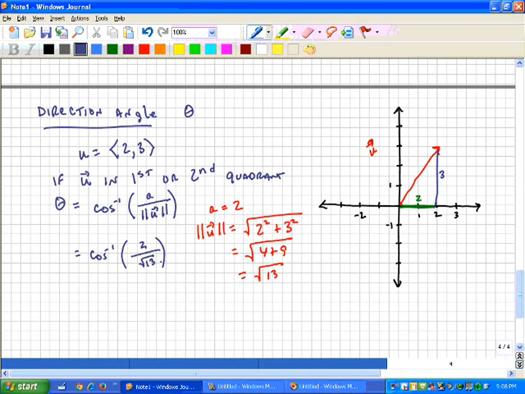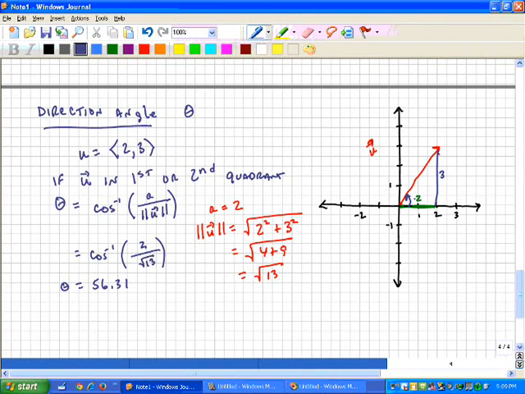Your book is using degrees, so we'll go ahead and use degrees. So when I do cosine inverse of 2 divided by the square root of 13, this tells me that theta is equal to 56.31 degrees. That's the direction angle.